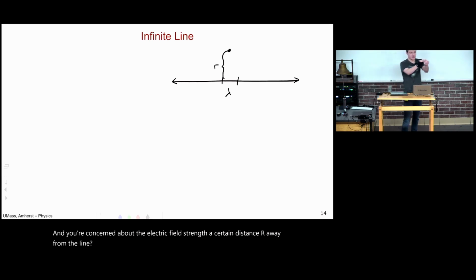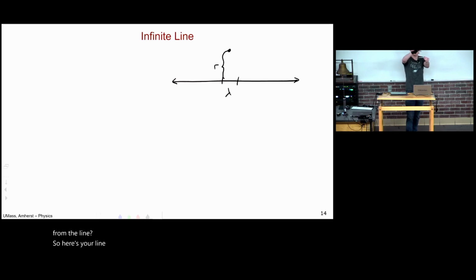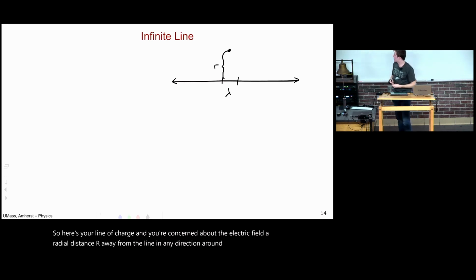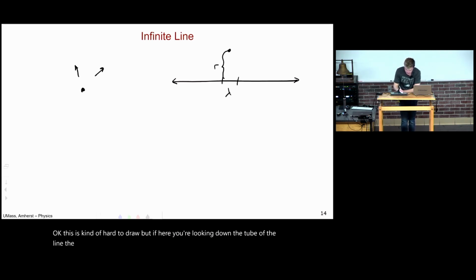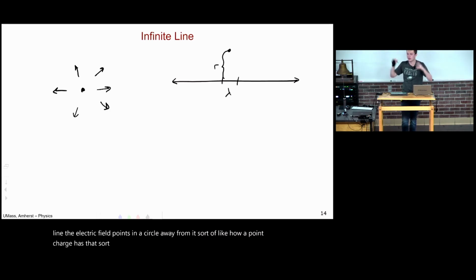So here's your line of charge, and you're concerned about the electric field a radial distance r away from the line in any direction around it. Just by the symmetry of the line, the electric field points radially outwards. This is kind of hard to draw, but if you're looking down the tube of the line, the electric field points in a circle away from it, sort of like how a point charge has that spiky ball emanating from it.